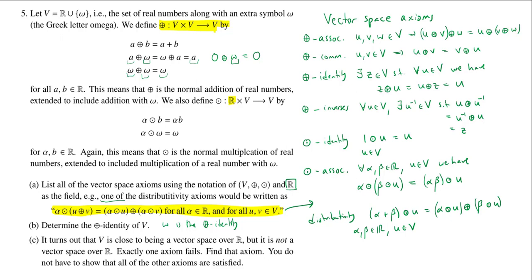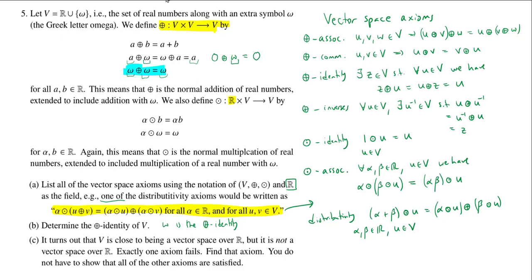So let's take a look. Can we get additive inverses for every element? I already know that if I add real numbers together, I can get 0. But remember, I'm not trying to get 0. I'm trying to get omega. Do we have anything up here that allows me to add things together and get omega? Well, yes.